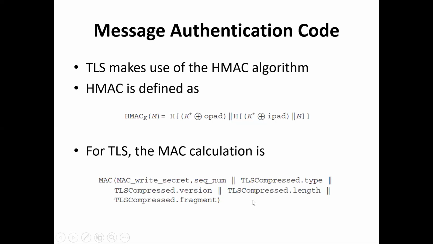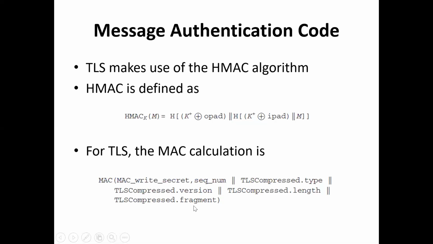Then TLS compressed length is what? Length of the compressed data. Then TLS compressed fragment. This is the compressed fragment. This is optional: if you want to pass data through a compression algorithm, then the data is in compressed format.